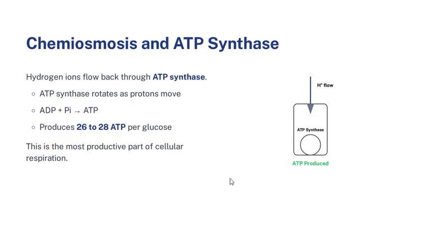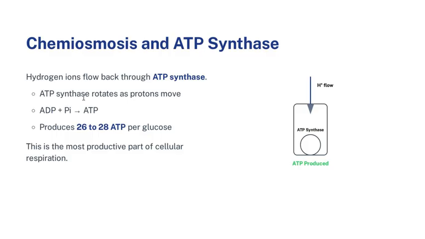The main idea is that the H plus will flow back through the inner membrane. Pretend this is the inner membrane, and the H plus will actually flow through it. Then the ADP plus Pi will produce the ATP. So the ADP, adenosine diphosphate, is right here, and the phosphate will bind here, and then it will produce ATP.